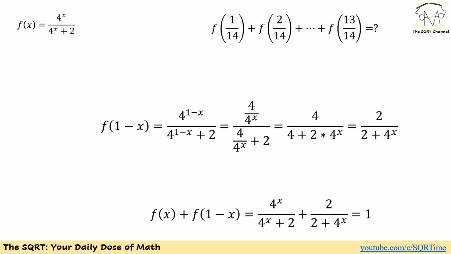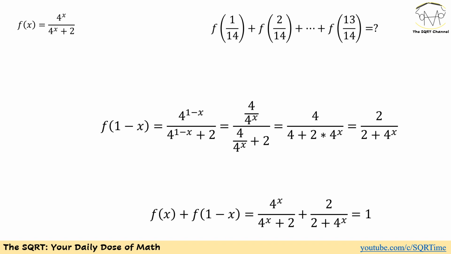If you replace and then do some algebraic simplification, you are going to end up with 4 over 4 plus 2 times 4 to the power of x. And you can just remove 2 from both top and bottom of this fraction, and you are going to end up with 2 over 2 plus 4 to the power of x.